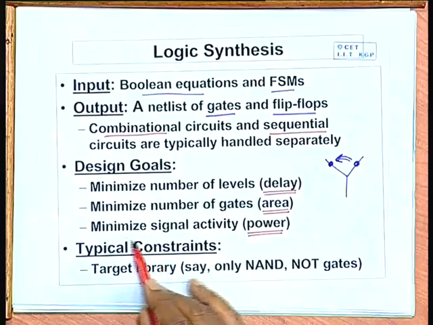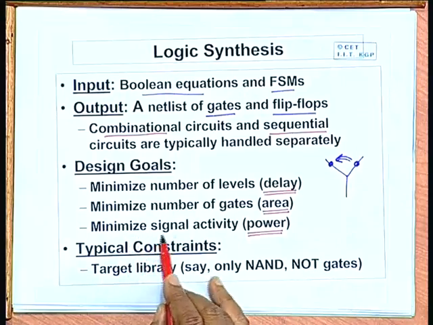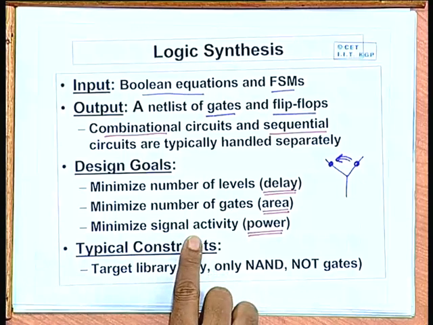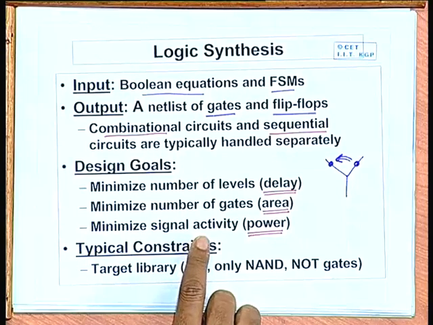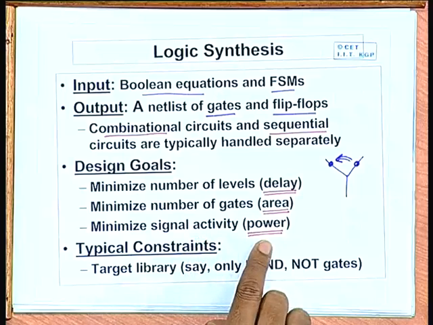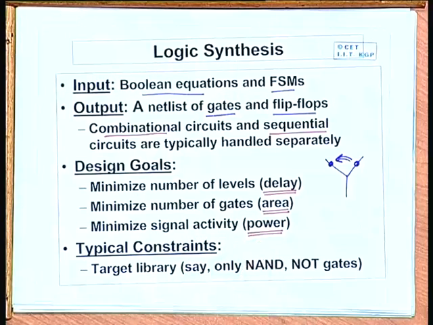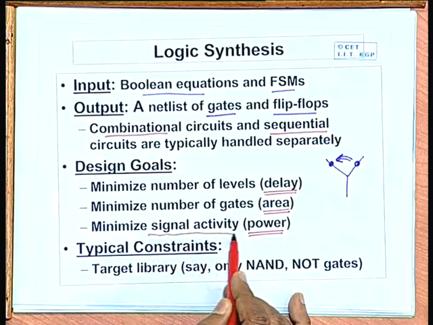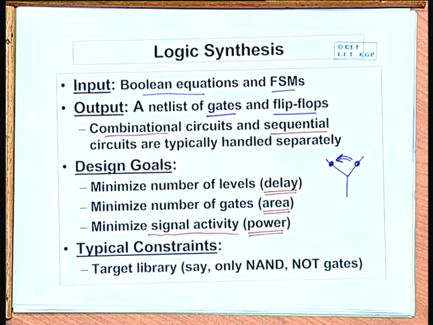So, we want to minimize signal activity. Signal activity means that as the switching activity in the circuit gets reduced, the total power consumption also gets reduced. So, we want to ensure that the number of signal transitions, 1 to 0 or 0 to 1, going on per unit time in the circuit is as small as possible.